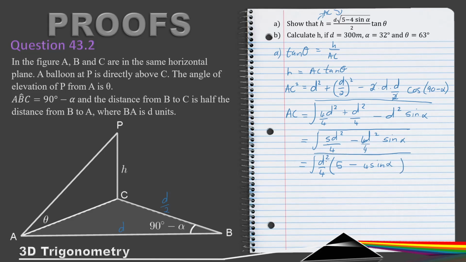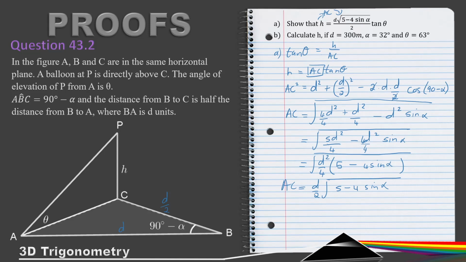Now I can take this out of the square root and it becomes D over 2, and then you have the square root of 5 minus 4 sine alpha. Right, so that's it. That would be AC in terms of D. So now going back to this, here we have AC, so we can put all of this into that. It looks like we're on the right track.